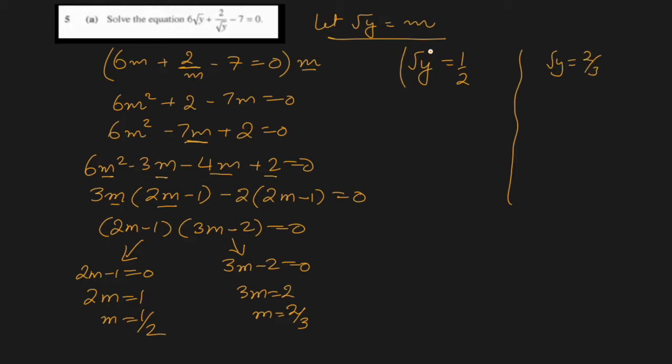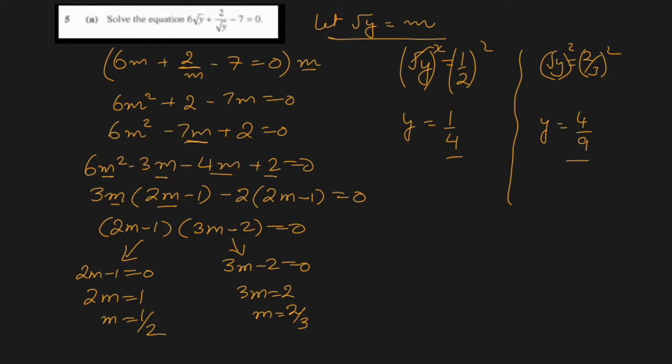To get y, we'll square both sides. So here we get y equal to 1 over 4 and y equal to 4 over 9. These are the two solutions, and there is no special filtration, so these are the answers.